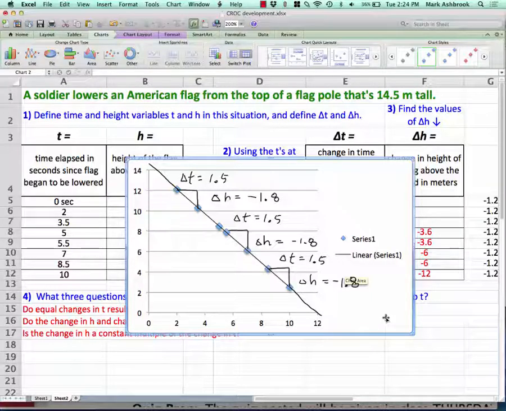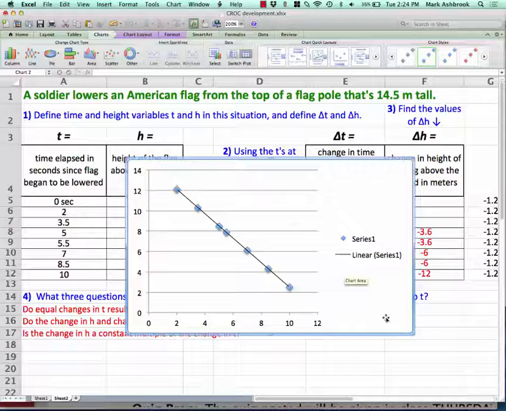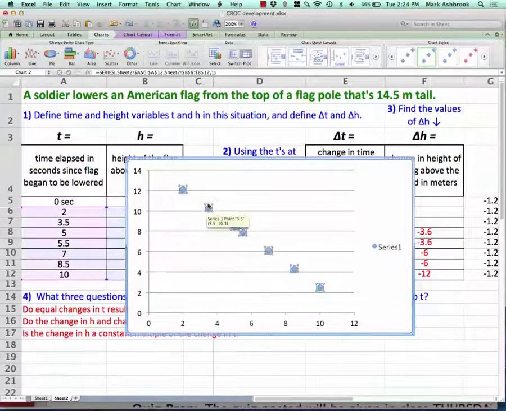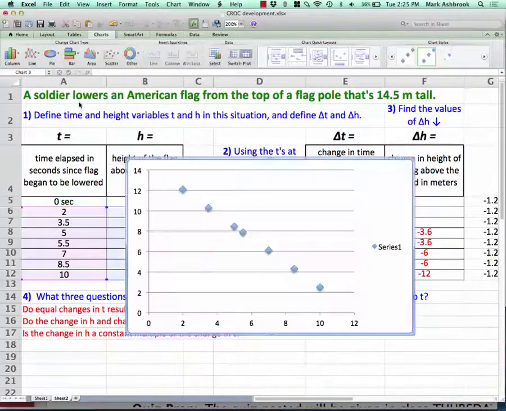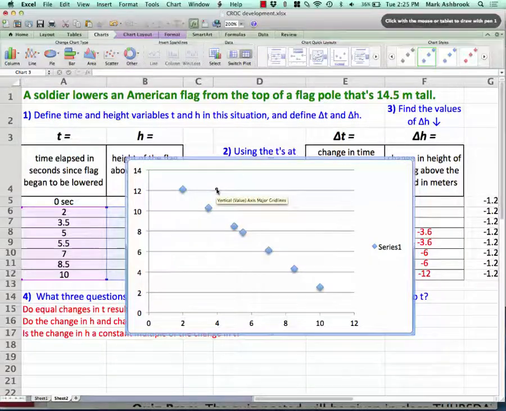Now to show the other two, I would need an illustration like this. I could start with... Let's try it again here. All right, pretend the line is there. We won't take the time to do that. But an illustration like this.